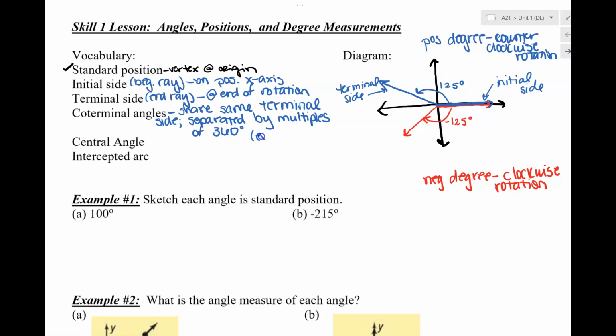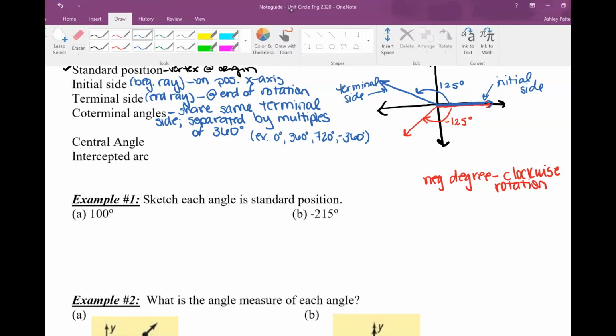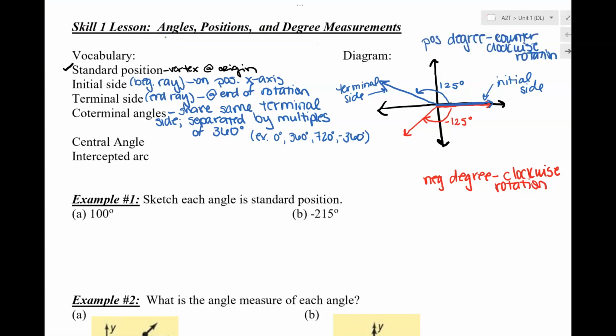An example would be 0 degrees, 360 degrees, 720 degrees, and negative 360 degrees. Those are all coterminal angles because 0 and 360 are separated by 360 degrees, and 0 and 720 are separated by 720 degrees. It's all multiples of 360, which is a full rotation. It's a full circle, so it's a full rotation around your origin.